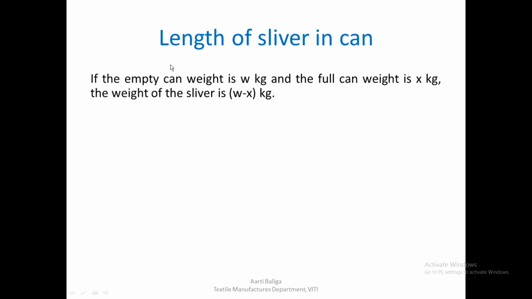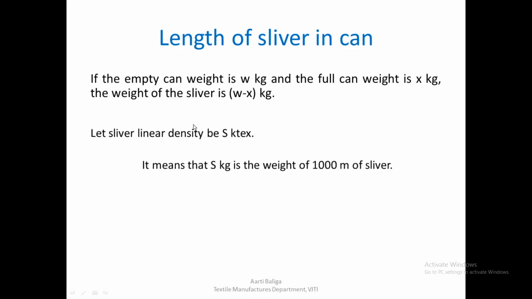To come to the next topic, we would like to also know what is the length of sliver in a can. So in that case, we should know the empty can weight, which is W kgs, and the full can weight, suppose it is X. So the weight of the sliver would be W minus X. With this figure, we also will need the sliver linear density.